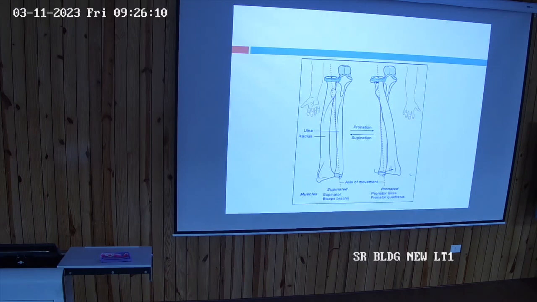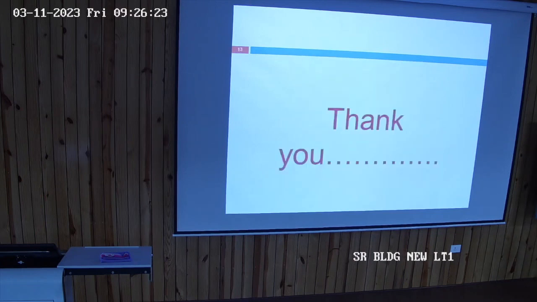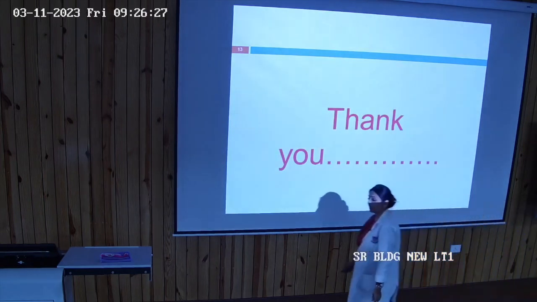In this condition, what will be the movement taking place? Pronation, which is assisted by pronator quadratus and pronator teres. And when the two bones are parallel to each other, this is supination. So this is all about today's class. It's a very short and crisp topic, very important.